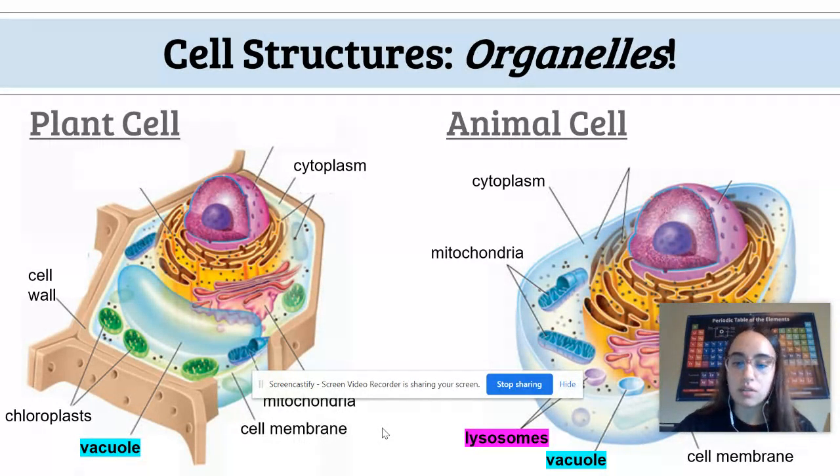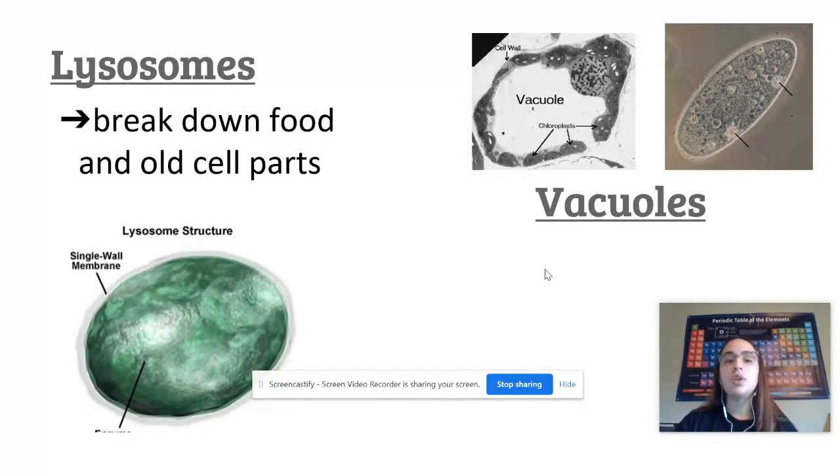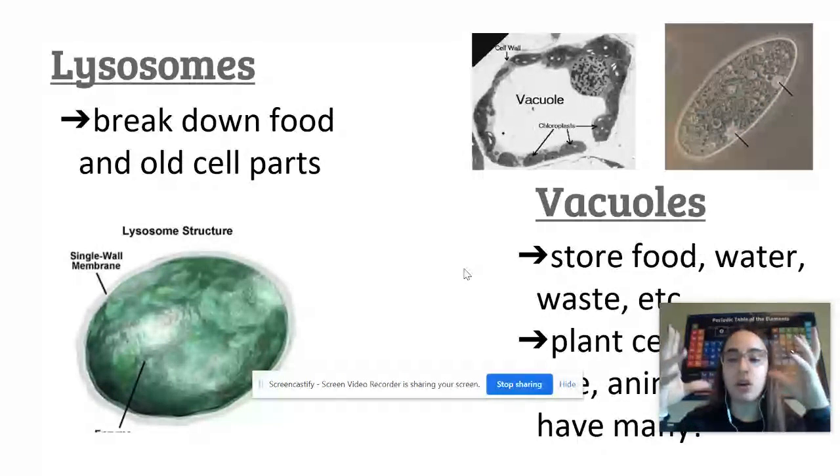Those lysosomes are used to break down food and old cell parts. So if you think about a plant cell that doesn't consume food, it doesn't need lysosomes because it doesn't need to break that food down. And then the vacuoles: plant cells only have one, whereas animal cells have many, but the plant one is really, really large. That's where it stores food, water, and waste.